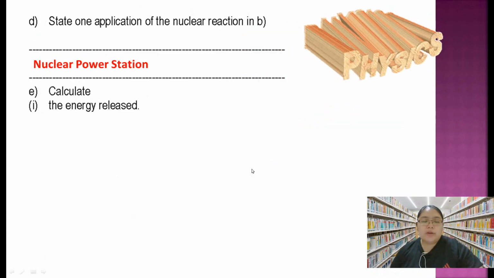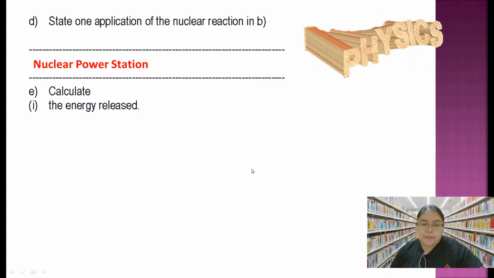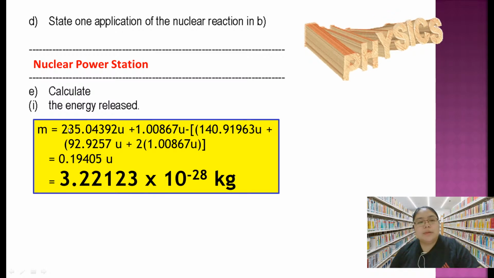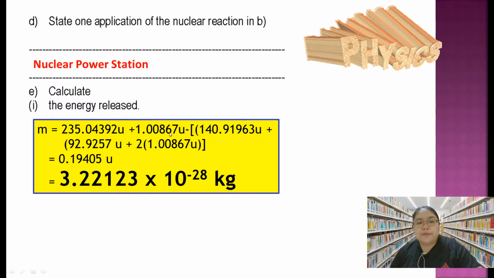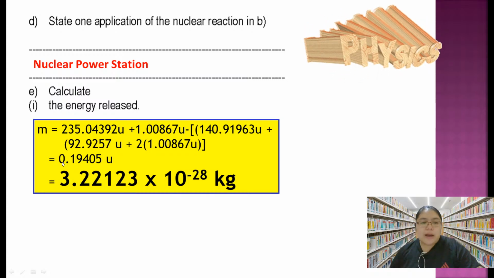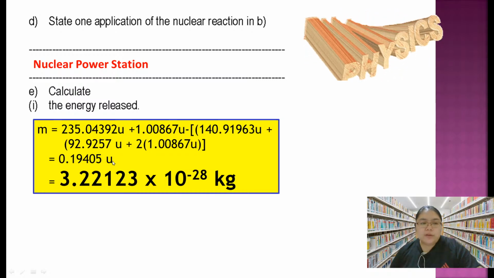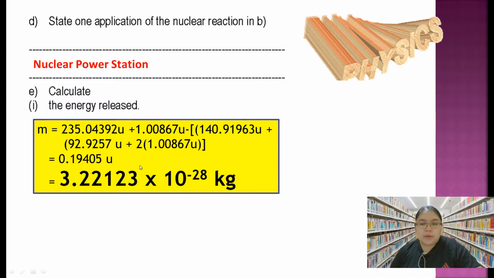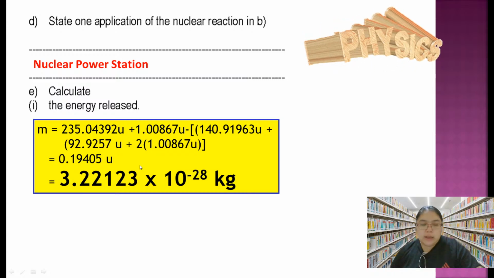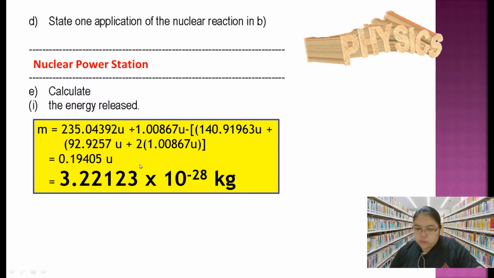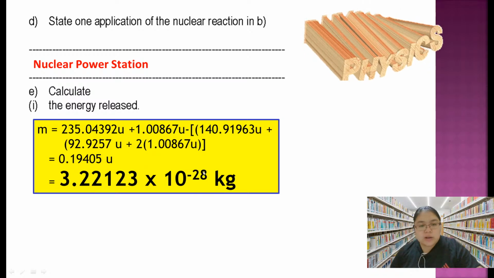I will show you the calculation for the mass defect first. This is the mass defect. Can you see the full number? I never cut anything. After minusing, I get 0.19405 U. I need to convert U into kilograms, so I multiply by 1.66 times 10 to the power of negative 27. So I get my mass defect.